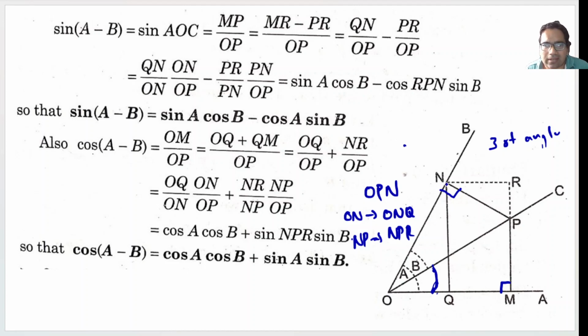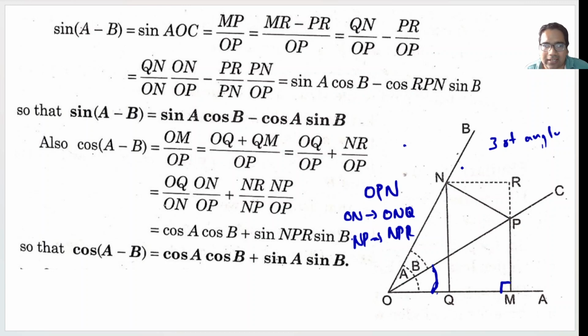With those two legs as hypotenuses, we are drawing two right angle triangles. ON has become the hypotenuse in ONQ. Similarly, NP has become the hypotenuse in NRP. We have got two right angle triangles created out of the two legs of the big mother triangle ONP.